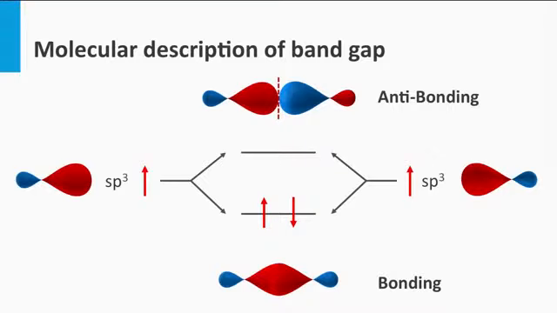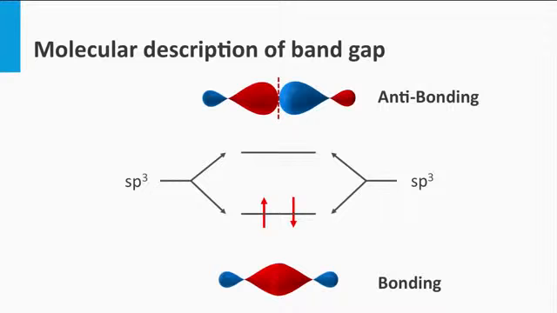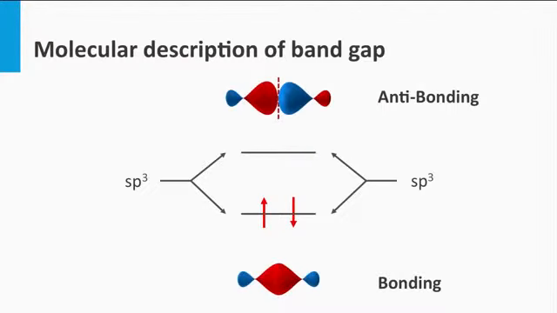The energy level is higher than the original sp3 level and therefore electrons do not prefer to fill this state. Another important aspect of bonding and anti-bonding levels is that the closer the 2 neighboring atoms are together, the larger the energy splitting between the bonding and anti-bonding level will be. This is demonstrated in the animation.